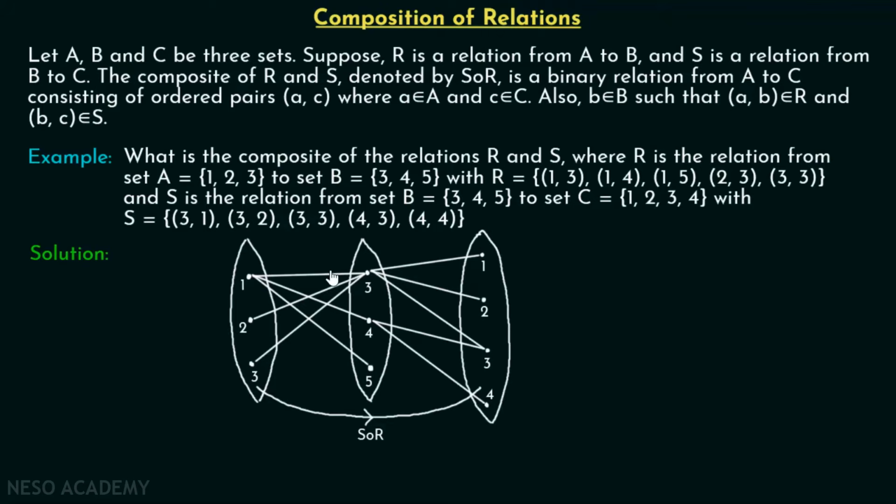This is relation R. As you can see, we have ordered pairs (1,3), (1,4), (1,5), (2,3), (3,3). That is why I have drawn these lines, and this is the representation of relation R.